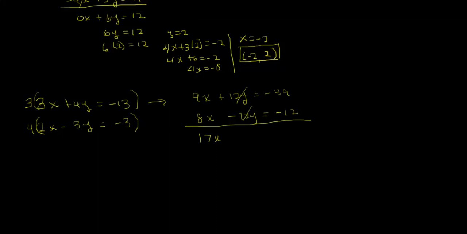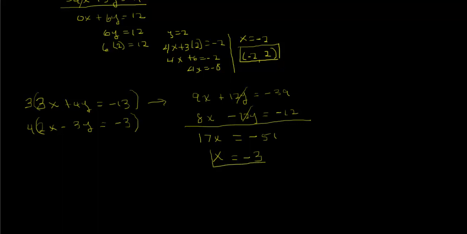These two will add up to 0, and these two will give me a nice negative 51. And of course my students will jump and say, well, Mr. Camarena, 17 does not go into this number. And then they try it, of course, and they always say, oh, okay. So 17 goes into negative 51 negative 3 times.